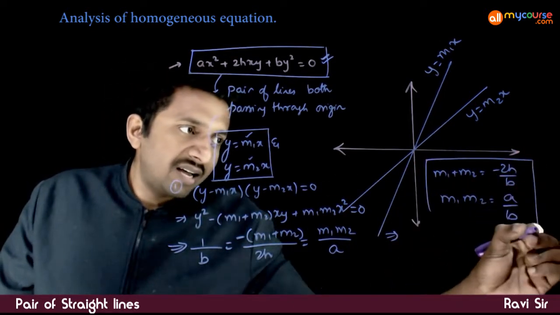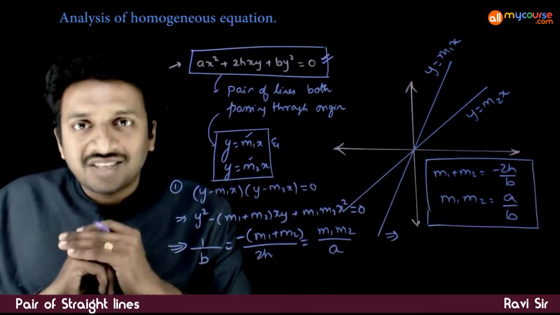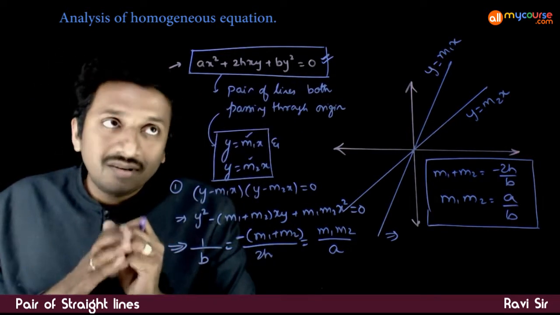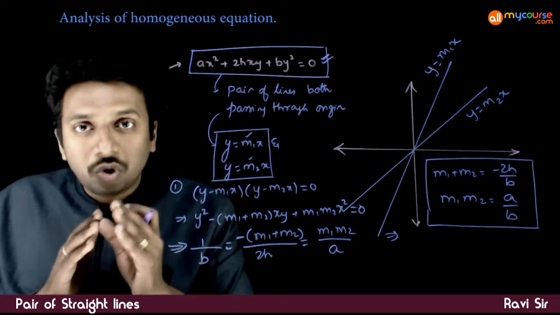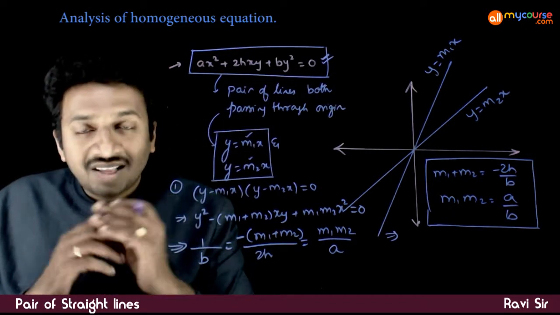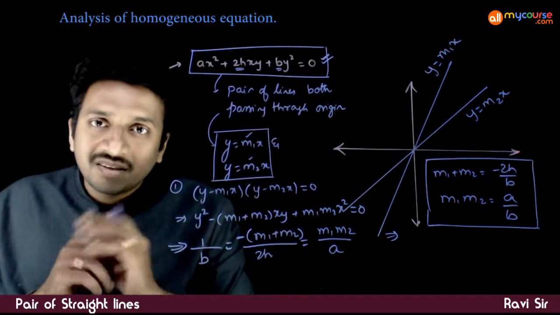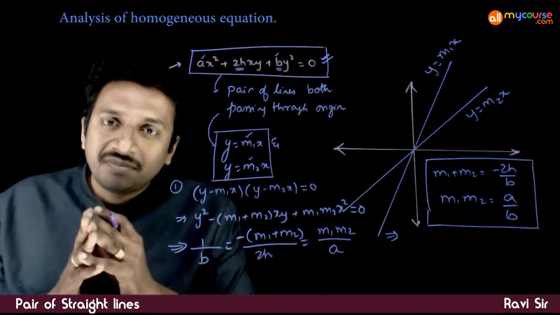So these are the most important equations in this chapter. So if you take a homogeneous equation, if this equation is made up of two lines whose slopes are m1 and m2, then the sum of the slopes is minus 2h by b, and the product of the slopes is a by b.